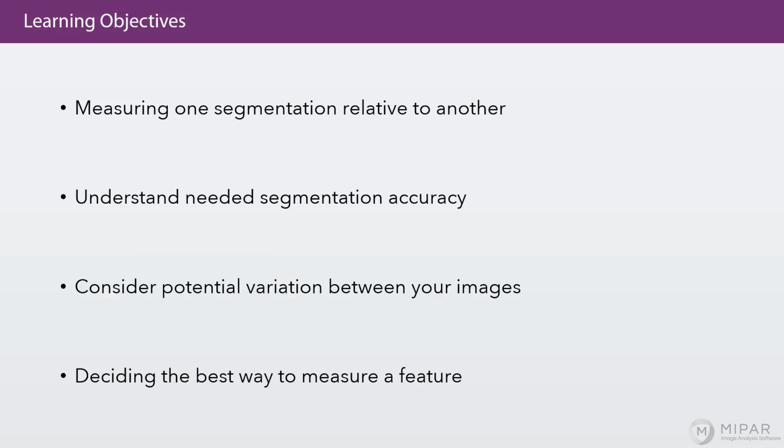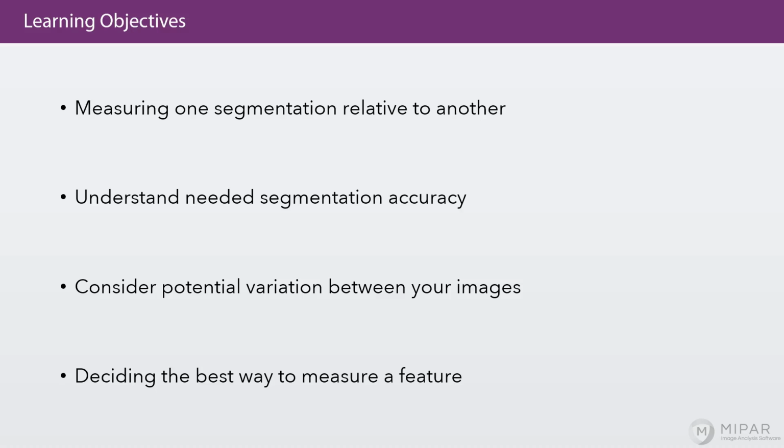For our learning objectives, first, measuring one segmentation relative to another. And we'll also talk about using different segmentations and combining, again, the information from them to partition the mitochondria into the cell body versus the neurite.